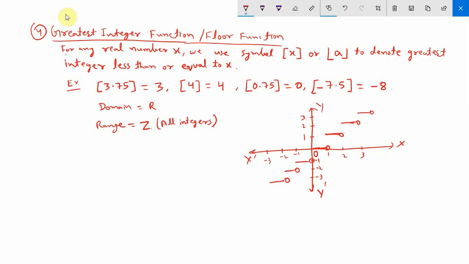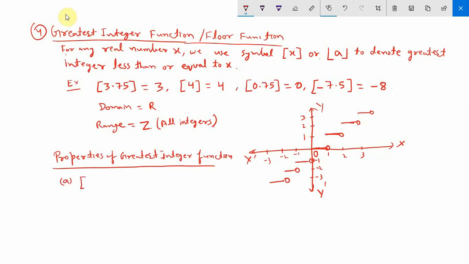Now we will discuss some important properties of the greatest integer function. So what are the different properties? Property A is: if n is an integer and x is a real number between n and n plus 1.